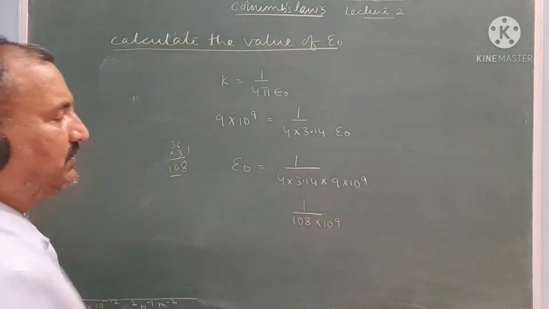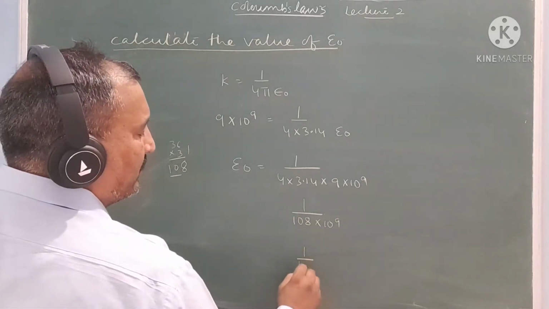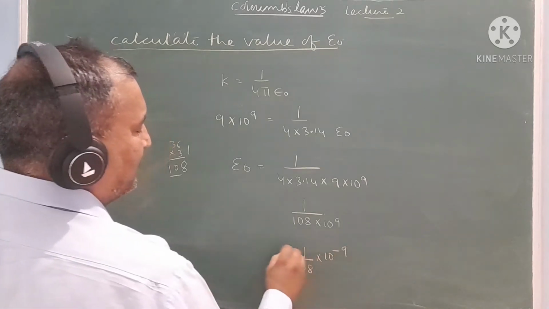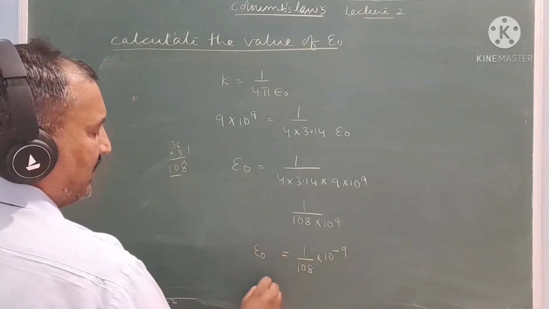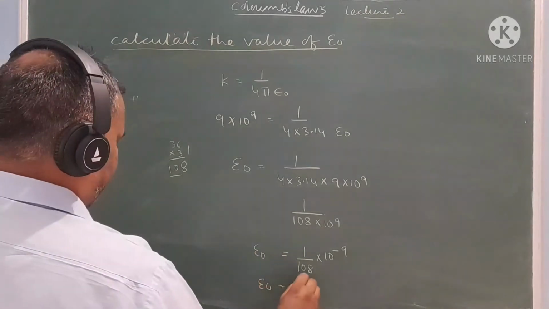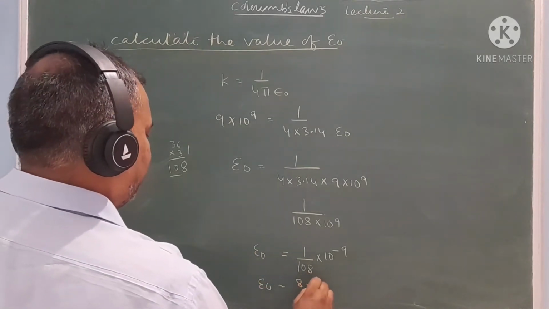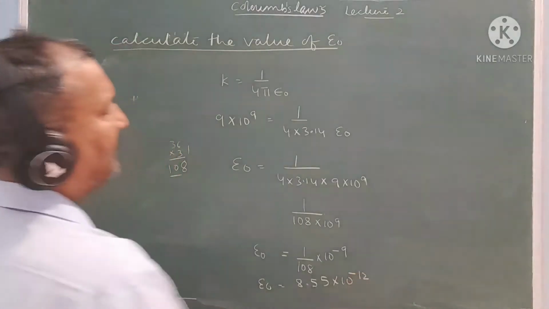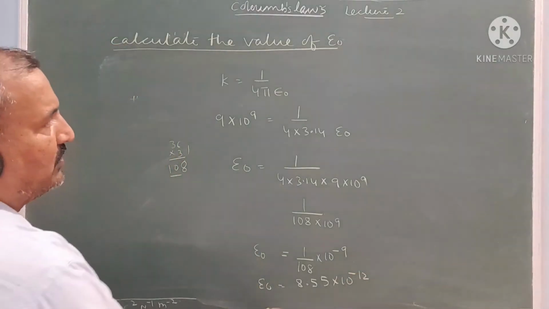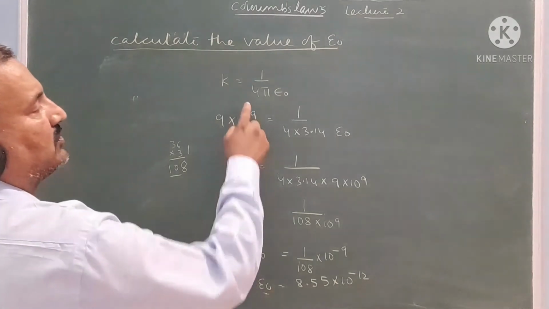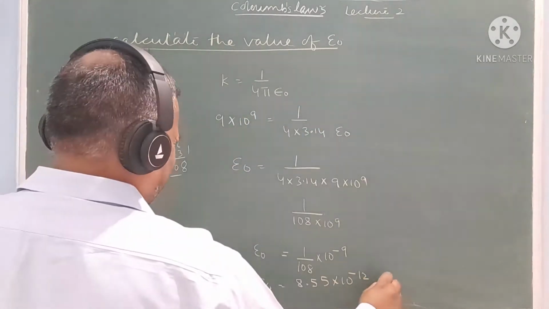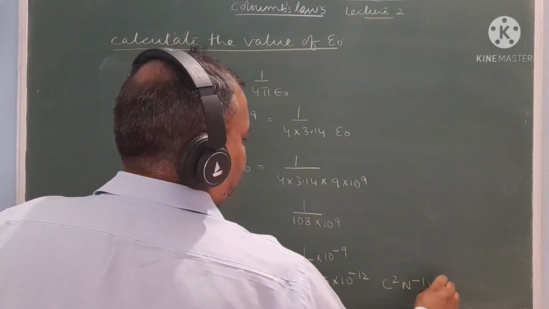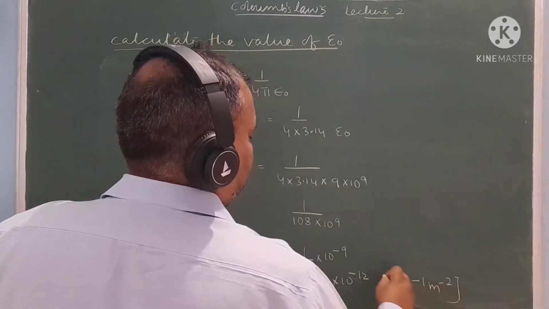It will go down, that means epsilon 0 is equal to 8.85 into 10 raised to minus 12. Write the unit of this epsilon 0. So unit is coulomb square Newton minus 1 meter minus 2.